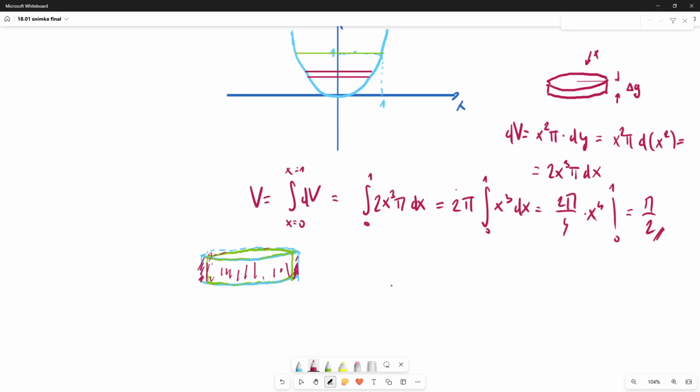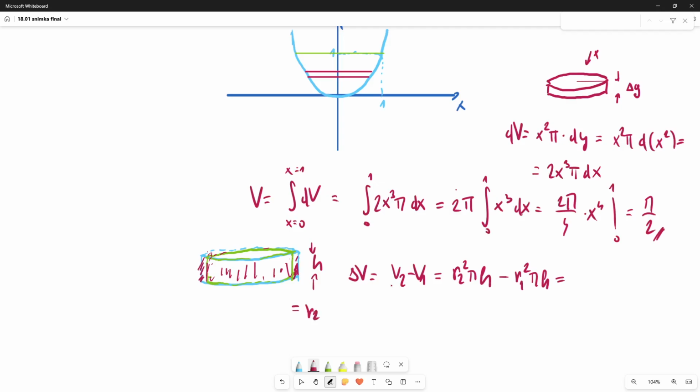So if we take a look at this volume, the volume we can call delta V is the difference of volumes occupied by two cylinders, V2 minus V1, where V2 is equal to R2 squared times pi times height h, and volume V1 is equal to R1 squared times pi times height h.